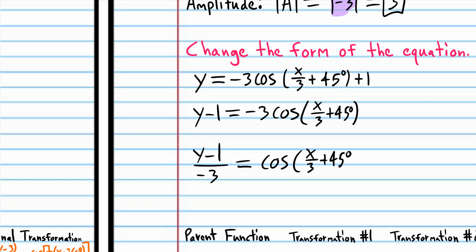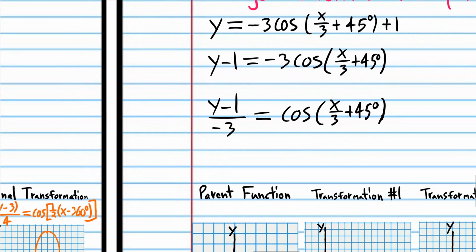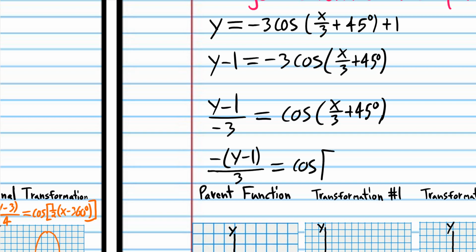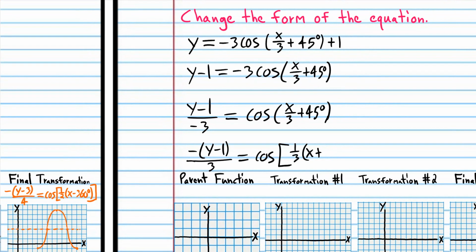And on the next step, I'm going to do two things. I'm going to take that negative in the denominator and put it up in the numerator just so it's easier for us to see what's happening with the corresponding transformation. And I'm going to factor out 1/3 from inside the cosine function, and this is the part where it gets a little weird. This number should get bigger.